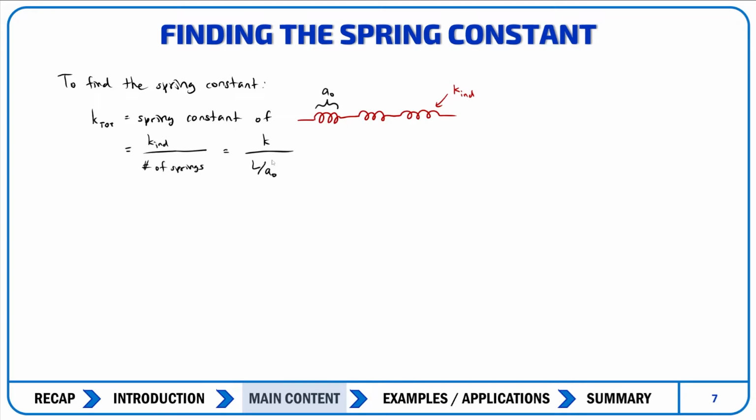So overall, we have K over L over A naught, and this means that K total is going to be equal to K times A naught divided by L.